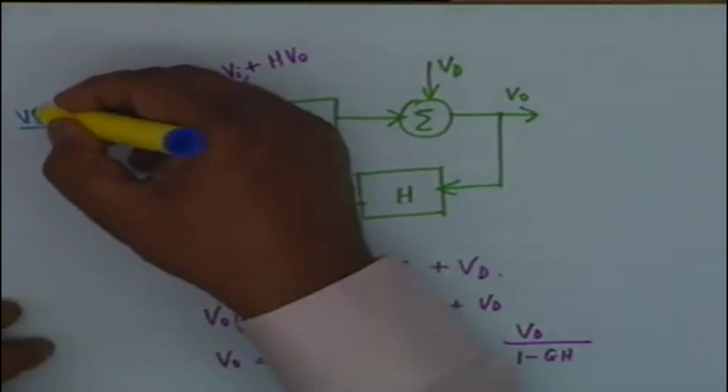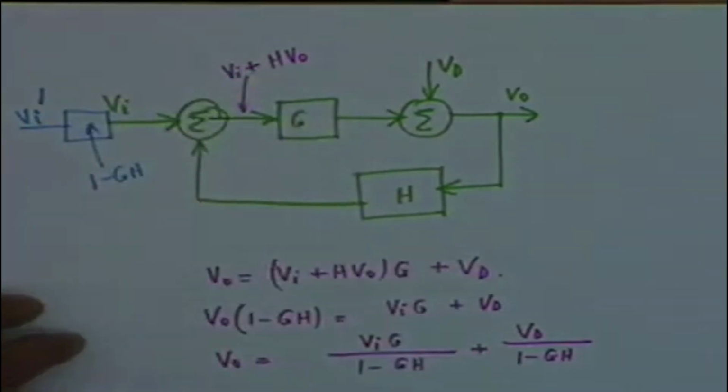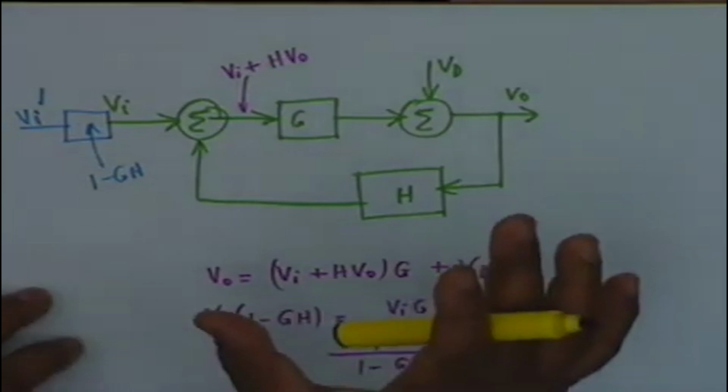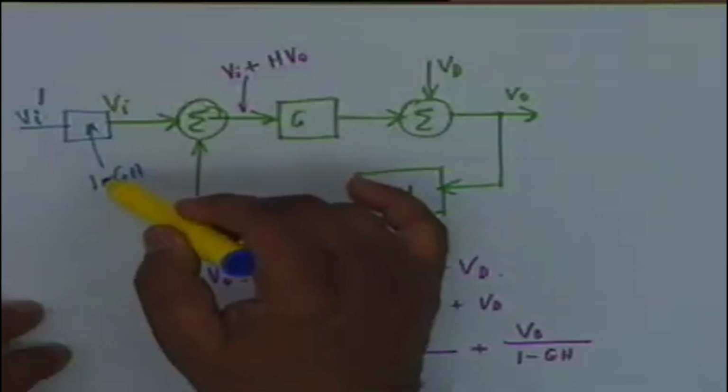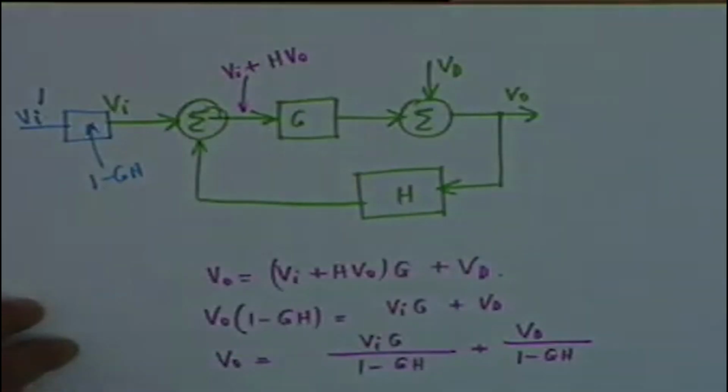All right, and let this be my effective input, Vi prime. Is this point clear? Actually, what we are doing is exactly what we do, for example, in a stereo amplifier. The first stage is a voltage amplifier, it's a small signal amplifier. So it's fairly linear, fairly distortionless. And then we have the power amplifier, which has a lot of distortion. All right. So what we do is we introduce an amplifier of gain 1 minus GH here.